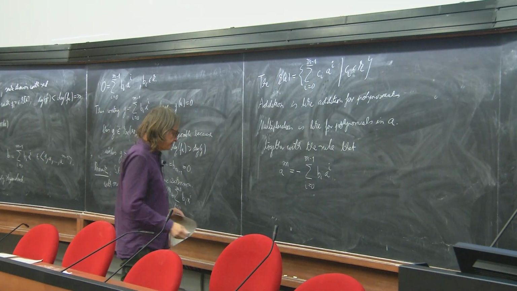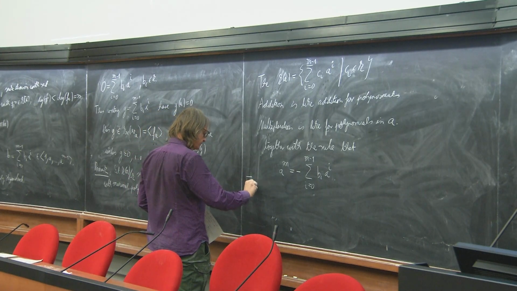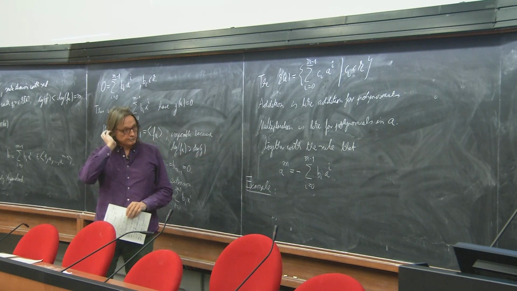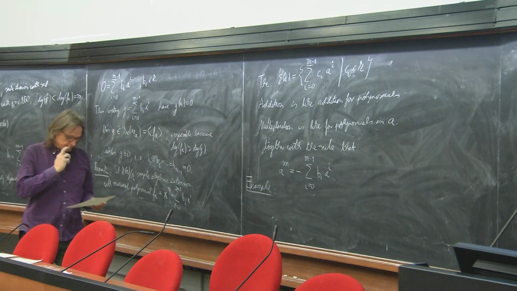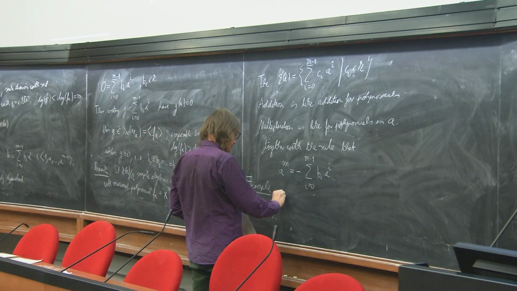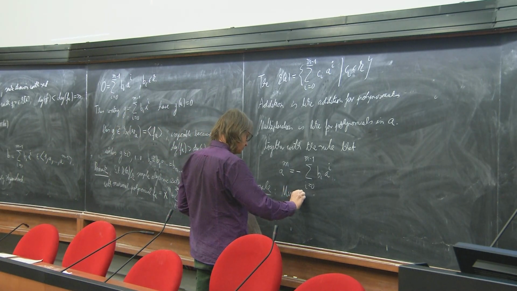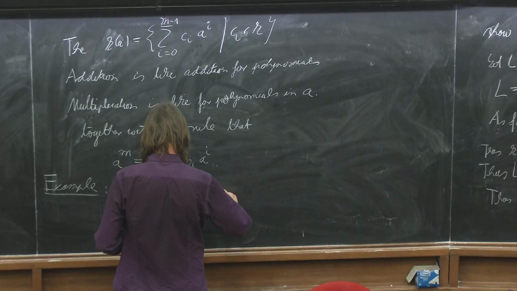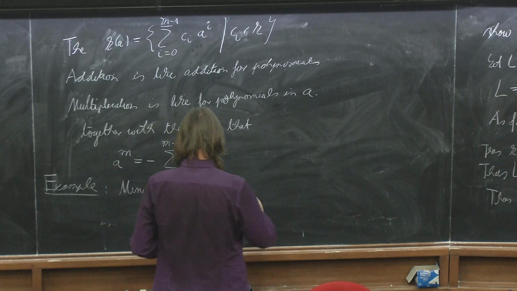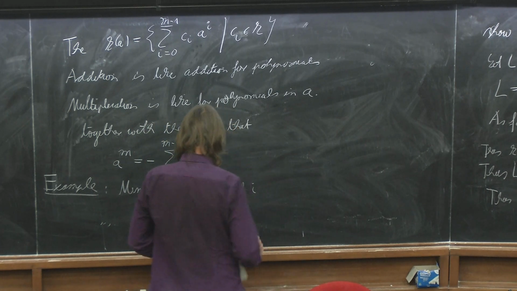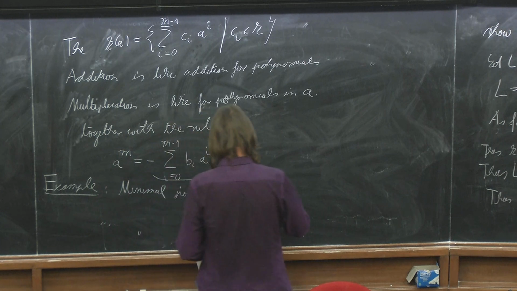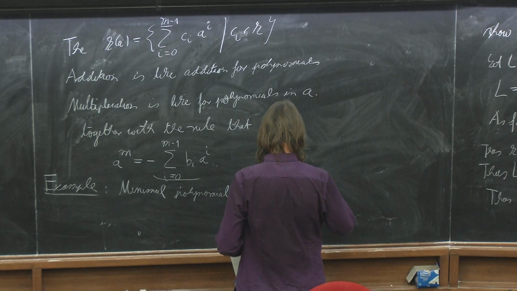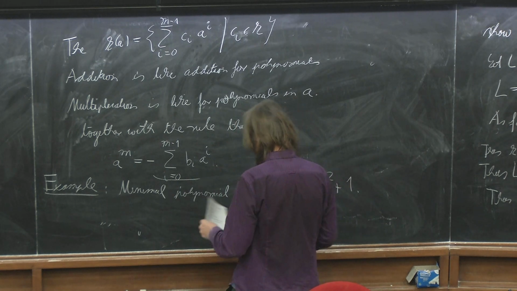So just as an example, this gives you the familiar rule for how you compute in the complex numbers. We have seen the minimal polynomial of, say, the complex unit i over the real numbers is x squared plus 1.